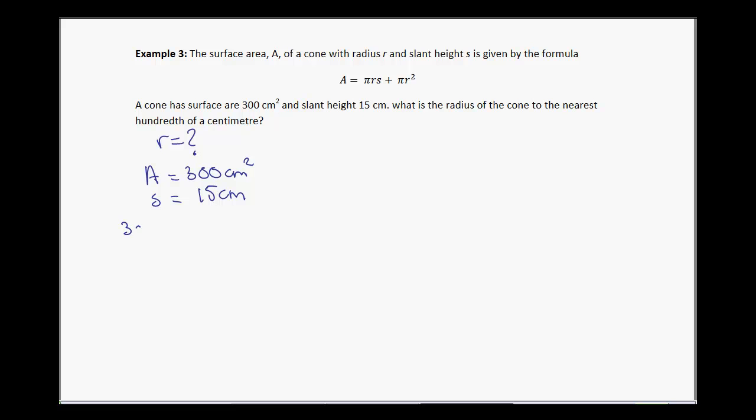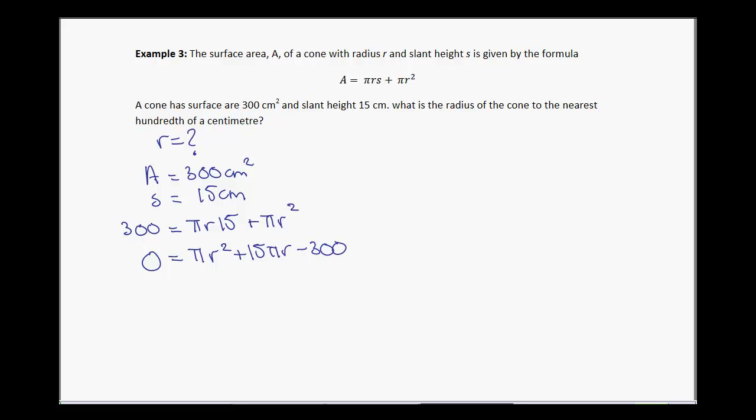We will get 300 equals pi r times 15 plus pi r squared. Now we can rewrite this so that we have a quadratic equation. It'll look like 0 equals pi r squared plus 15 pi r minus 300.